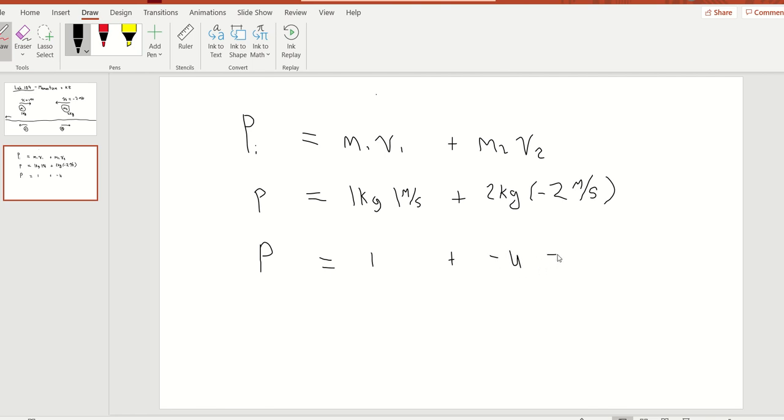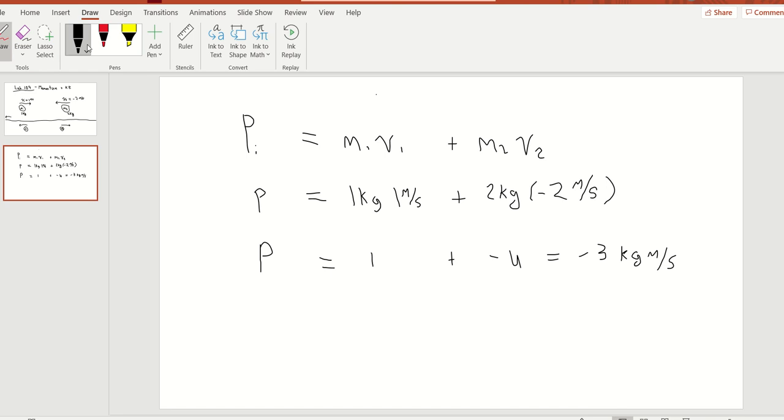Okay. So then if you add everything up, you get a total momentum of 1 plus minus 4, minus 3 kilogram times meters. So that's what's called the system momentum.